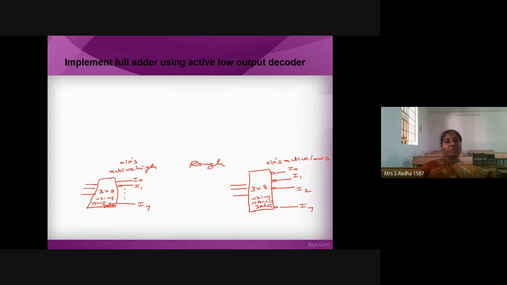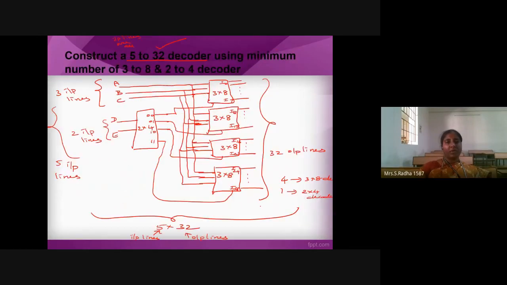So whether you are using an inverter or not, you are connecting the outputs of the 2 by 4 decoder as enable pins. This is the first decoder, enable 1, second decoder, enable 2, third decoder, enable 3, fourth decoder, enable 4.